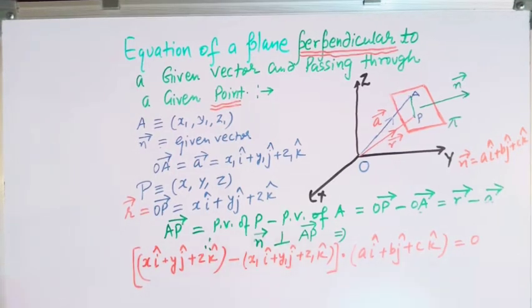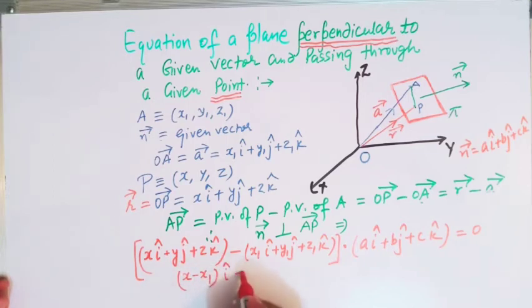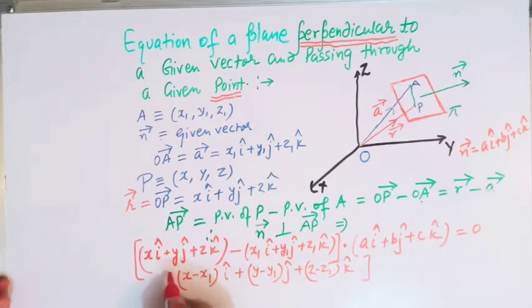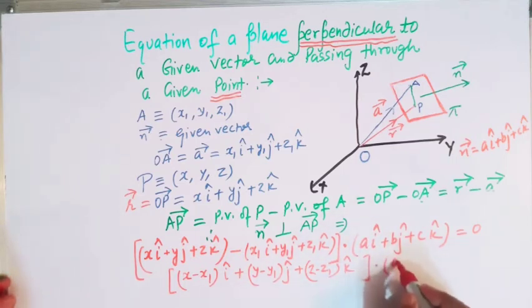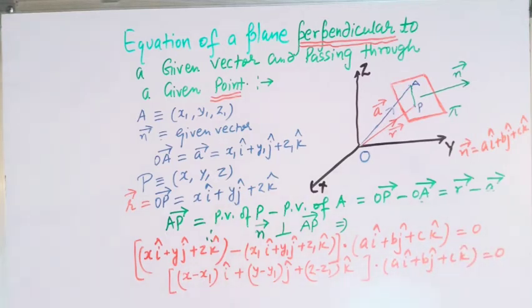Now if we simplify these two vectors, that is, if we write it as x minus x1 i cap plus y minus y1 j cap plus z minus z1 k cap, right? And the dot product is taken with ai cap plus bj cap plus ck cap, that is equal to 0.